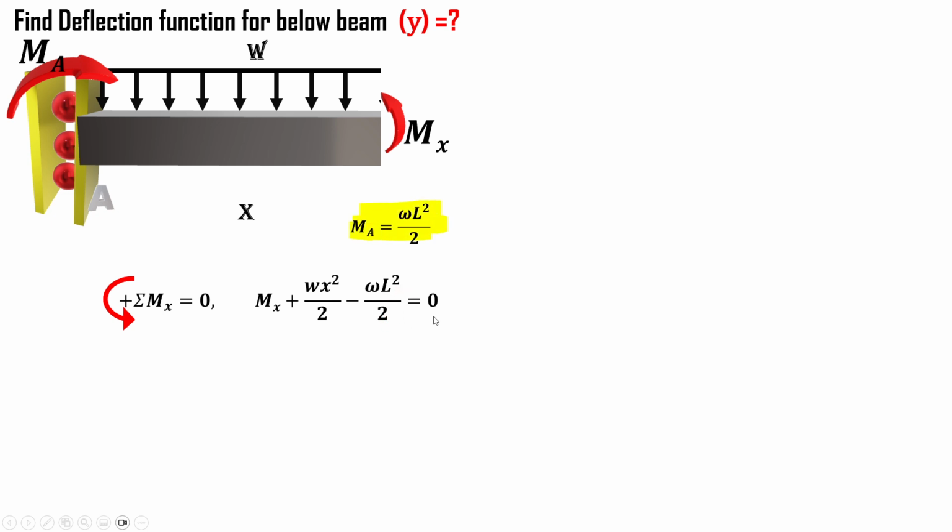This part comes from the moment MA over here, and this part comes from the distributed load over the length of x. So in such case, we can calculate Mx, which is this equation.